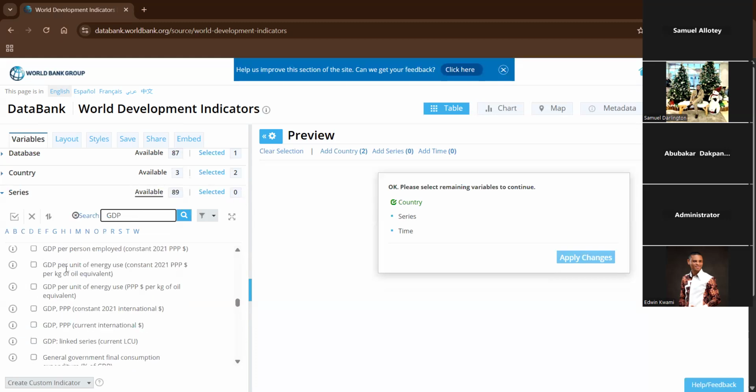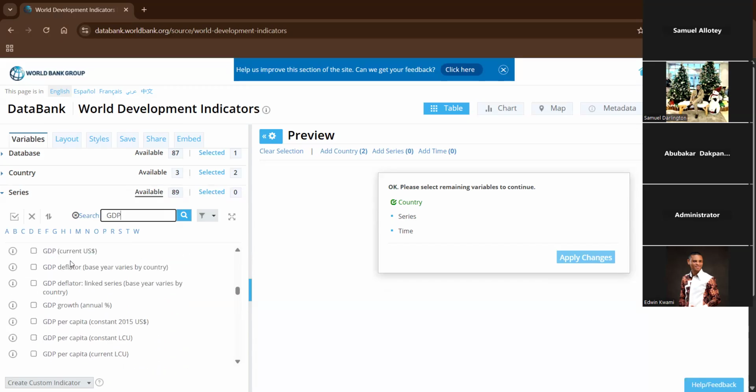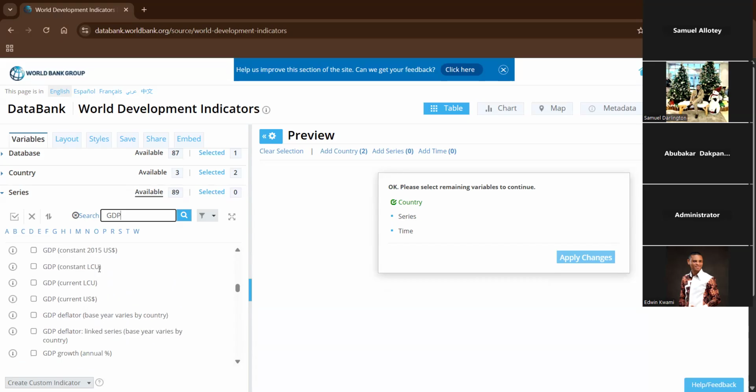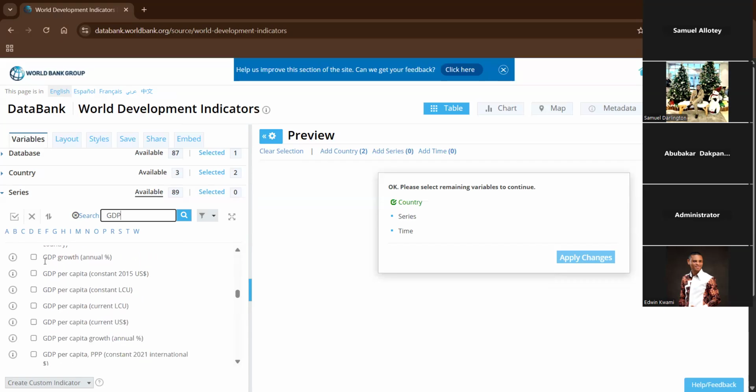We have a lot of measures or indicators for GDP depending on what you want. We have GDP at constant prices, GDP in LCU, which is local currency unit. So if it's Ghana, that means Ghana cedis, so local currency. We have the United States dollar equivalent, or current US dollars, GDP deflator, GDP growth.